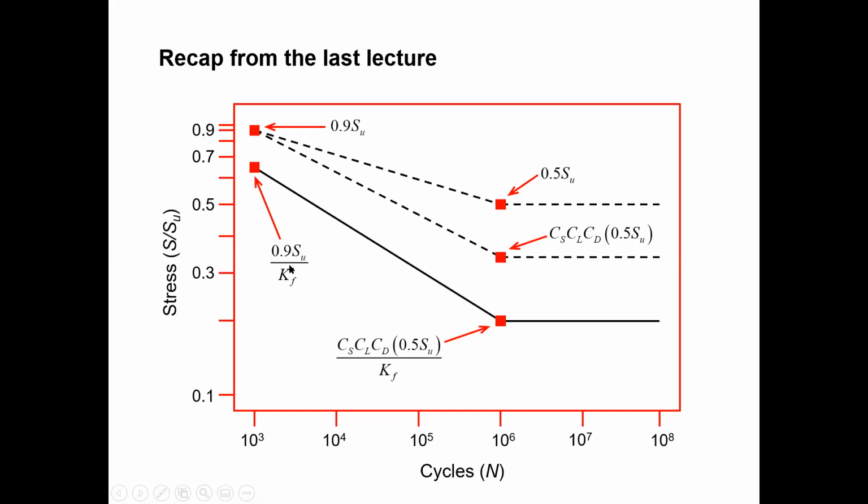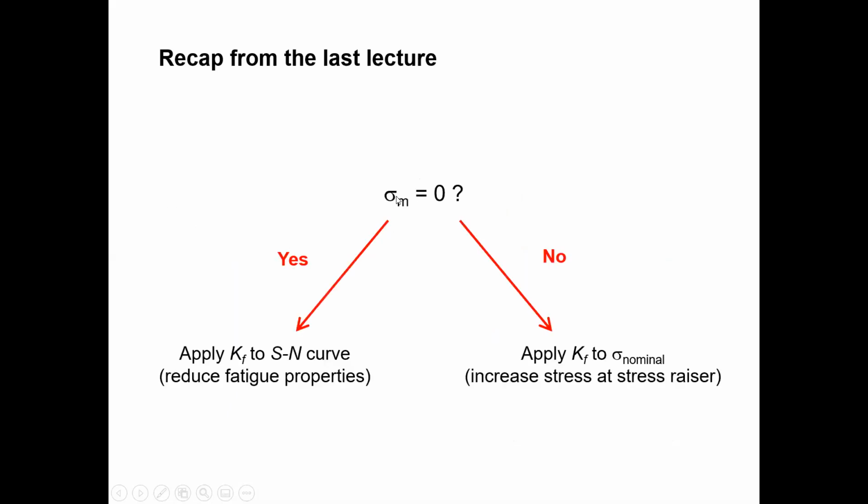And if mean stress is not equal to 0, that means there is mean stress, then we need to apply the stress concentration factor to the stress. You need to multiply, so it is an increasing factor then. So you need to introduce the Kf into the stress. That is a very general approach, otherwise it will be very complex.